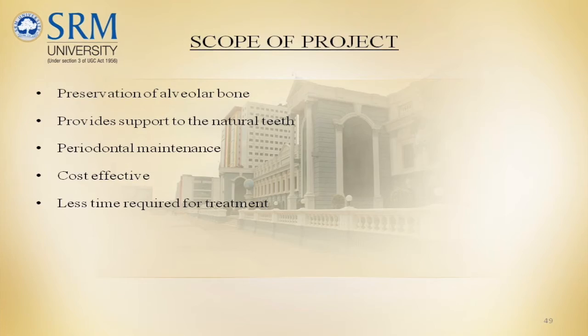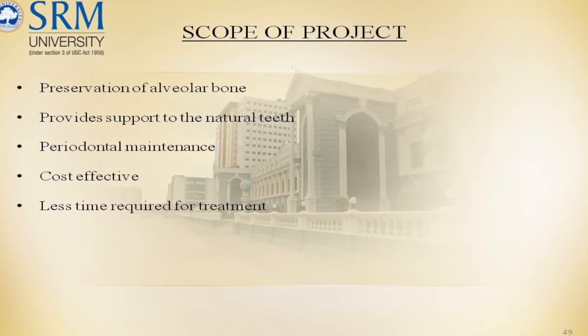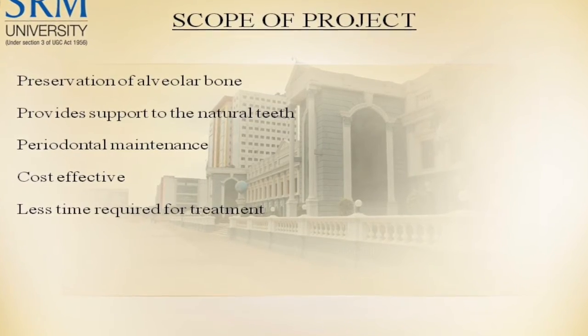What I can say about my study is that it reduces a lot of time, because a normal denture replacement will take a minimum of a month, or maybe 4 or 5 sittings with the doctor, and only then can we get it.